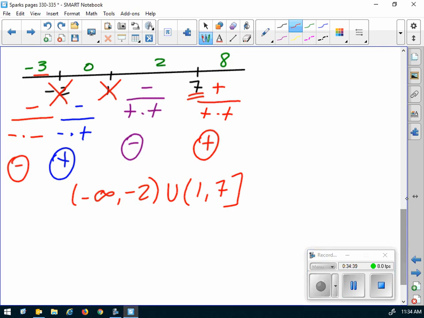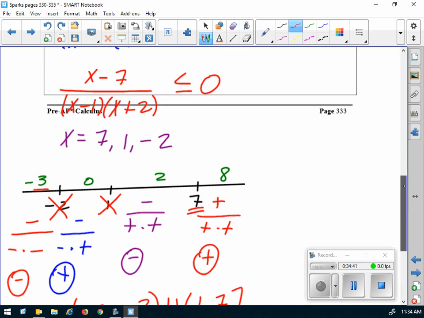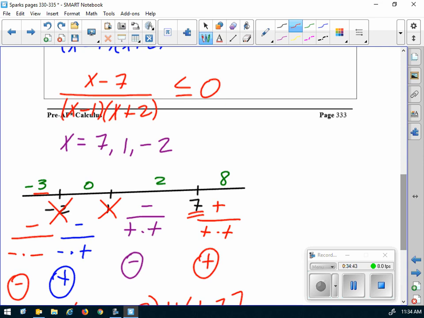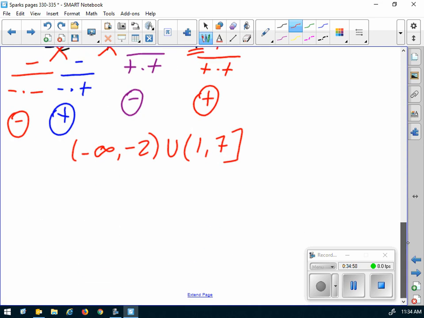If x equals 7, then I get 0 divided by 6 times, if x is 7, 9, which is 0 divided by 54, which is 0, and 0 is equal to 0. Questions? Did I do that right?